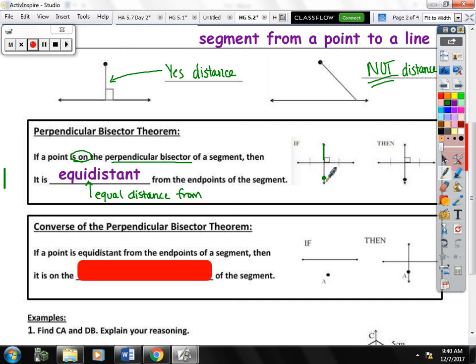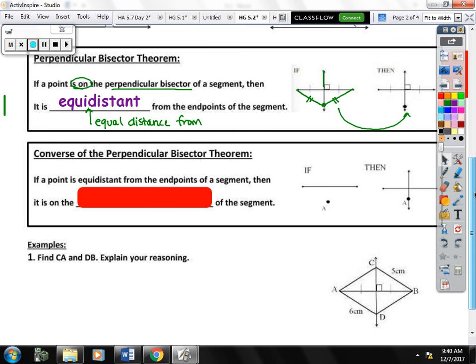So you can actually go ahead and draw in two segments connecting those and mark them as being congruent. This point has to be equal distance, or equidistant, from the two endpoints. The converse, we know the converse, which swaps the hypothesis and the conclusion.